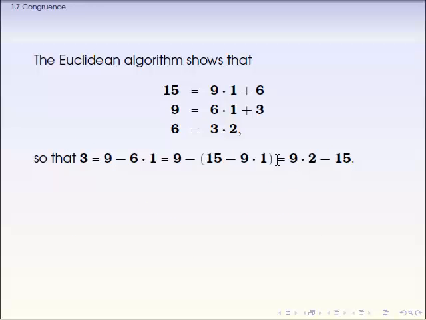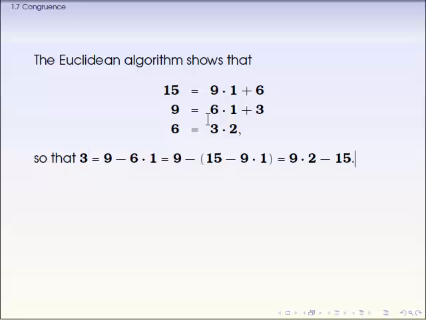So until we get that, we need to substitute each number. In the next step, 6 is the remainder here, and 6 can be written as 15 minus 9 times 1. So instead of 6, we substitute 15 minus 9 times 1. Of course, times 1 doesn't affect anything, so we don't write it. Please don't calculate it. We just want to arrange it to get 9 times something minus 15 times something.